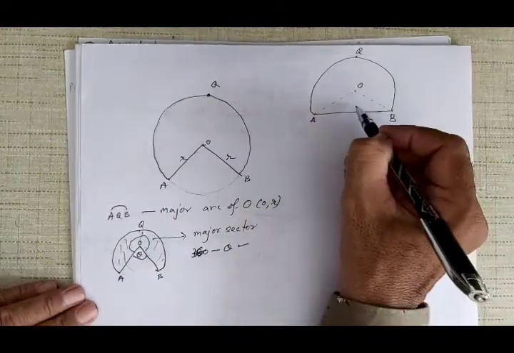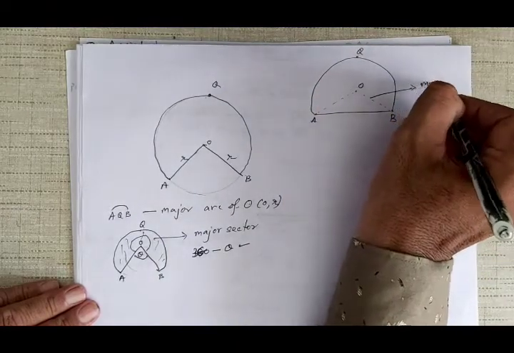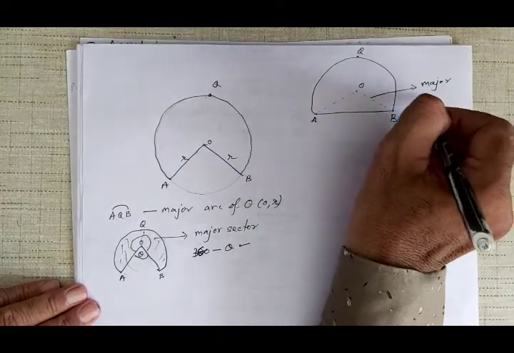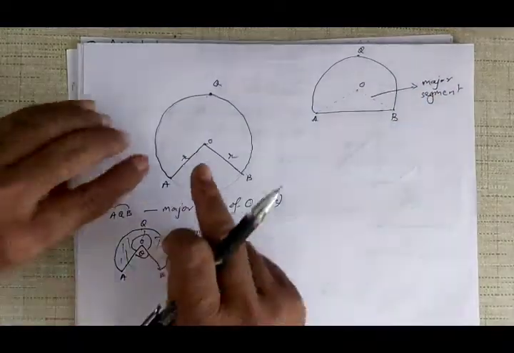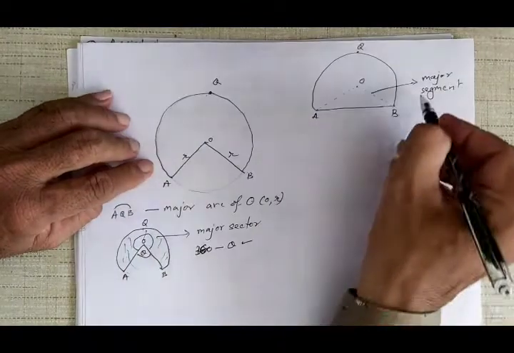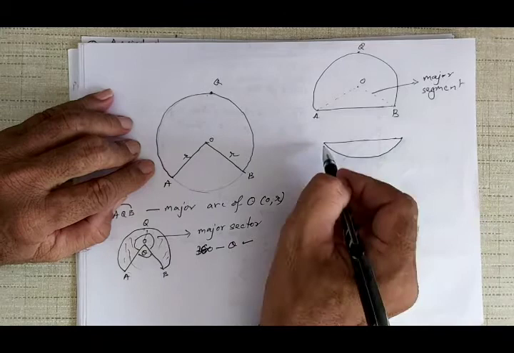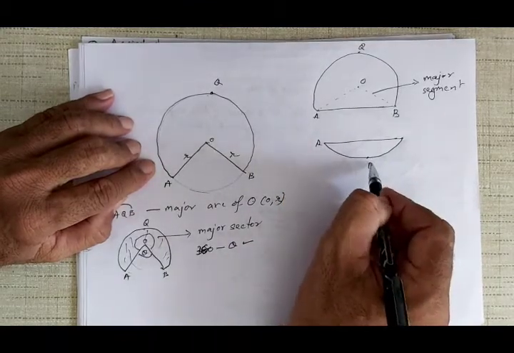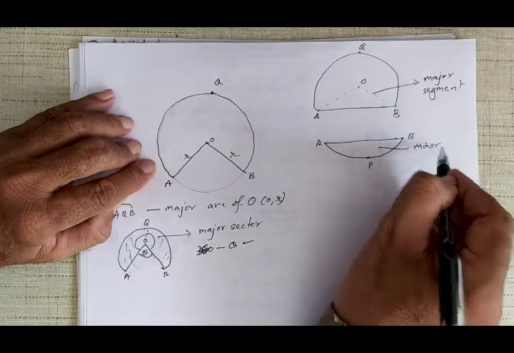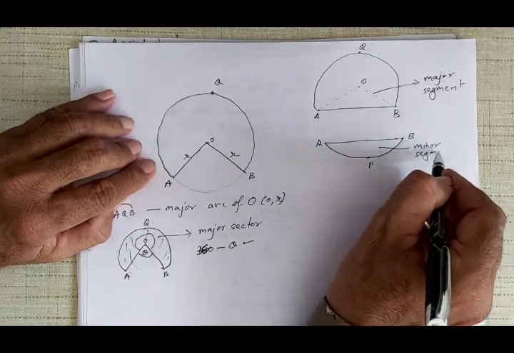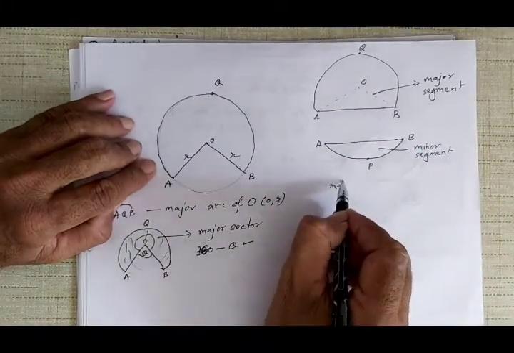So the total part is called the major segment. So you have the minor segment and the major segment. Now see this one, A, P, and B. This is the minor segment.